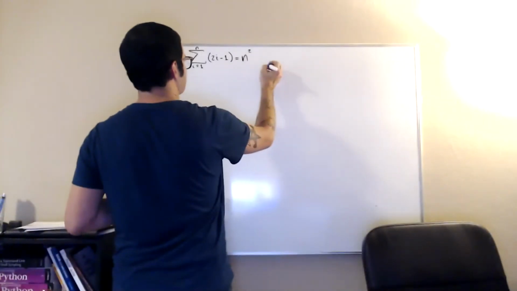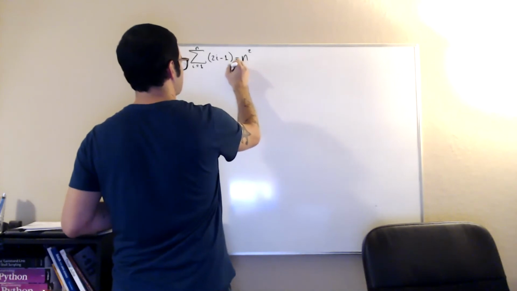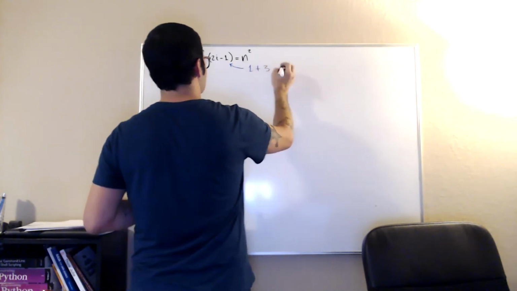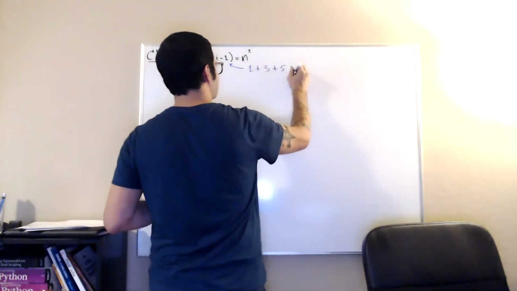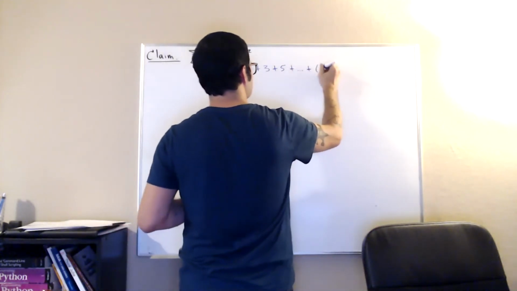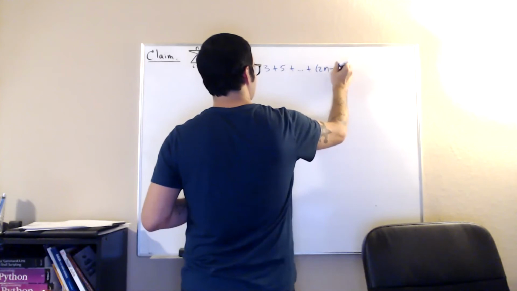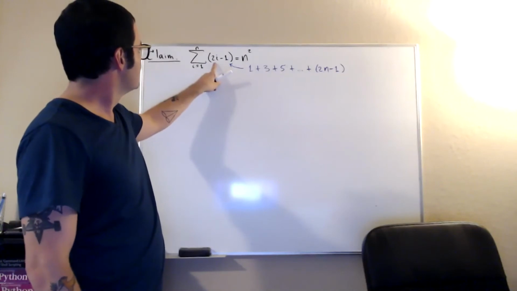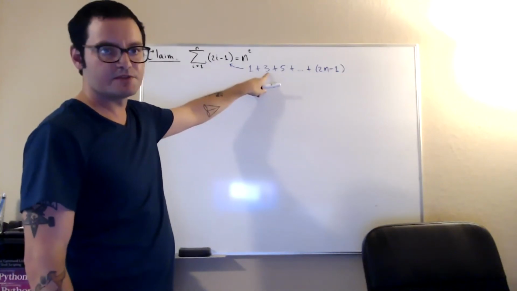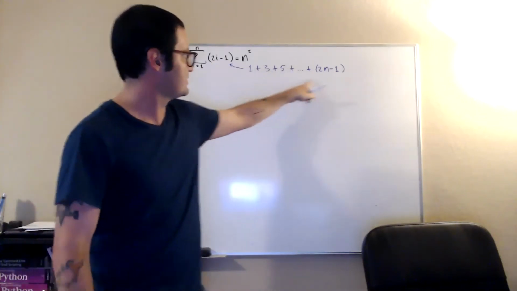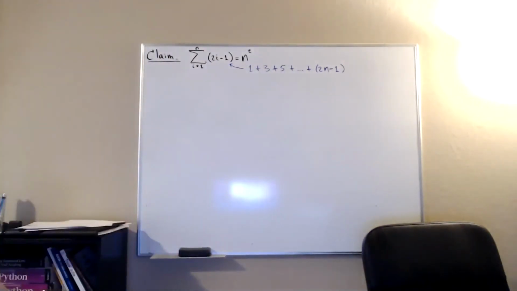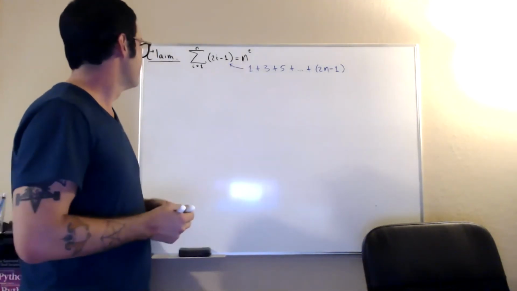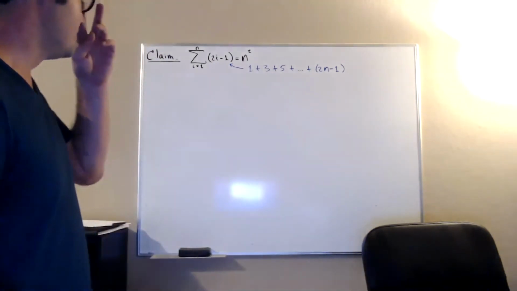This sum here is equal to 1 plus 3 plus 5 plus dot dot dot plus 2n minus 1. And so when n is 1, that's equal to 1. When n is 2, we get that piece there. When n is 3, we get that piece. So you're summing these odd integers. And the claim is that that's equal to n squared. I actually didn't know that. I just haven't seen that formula before. But let's see if it's true.